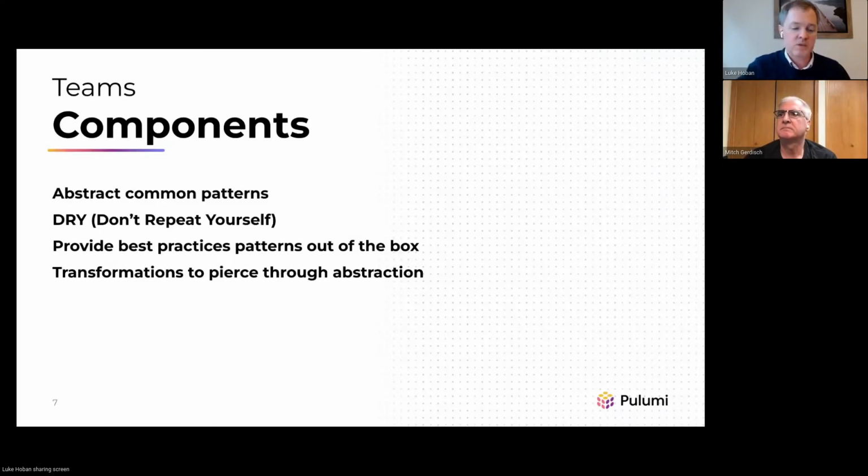One of the best things we can do with software is take some code that implements some functionality, abstract it out into a function or a component, give it a name, define the interface and document it for that component, and then allow the rest of the organization and the rest of the world to go build on top of that abstraction. And so components are really fundamental to how we think about what it means to use software.